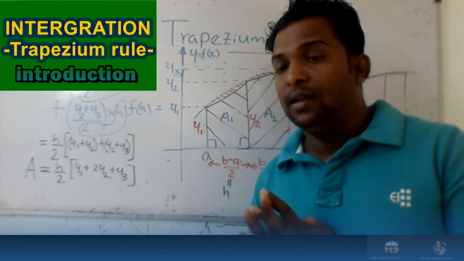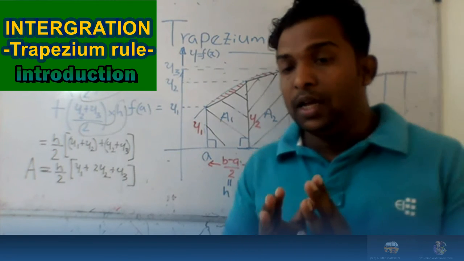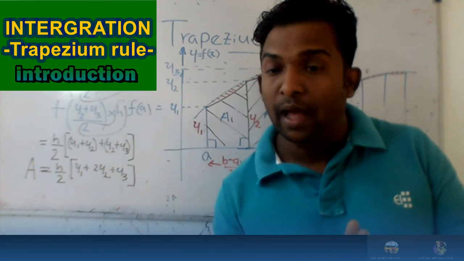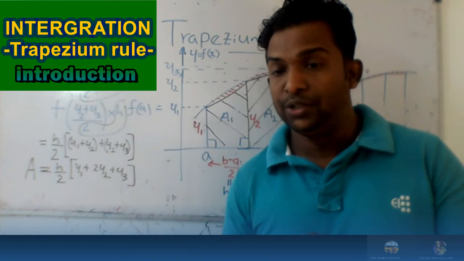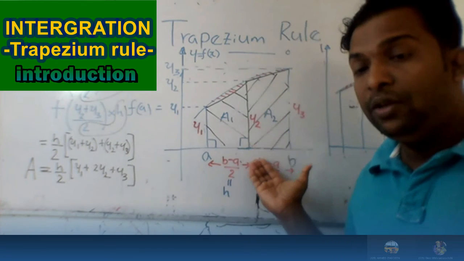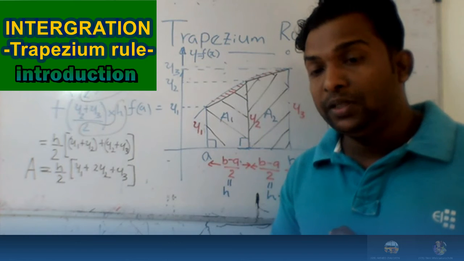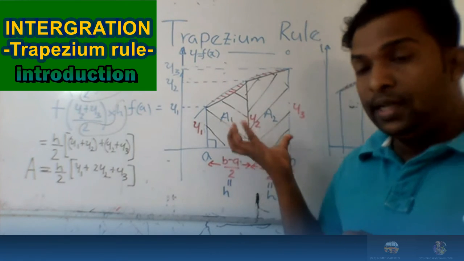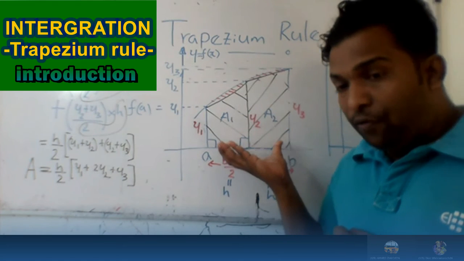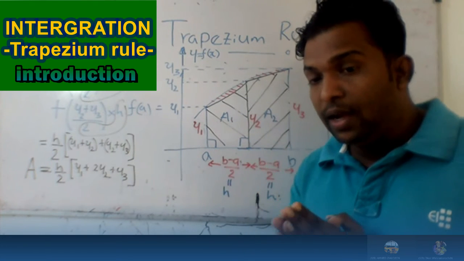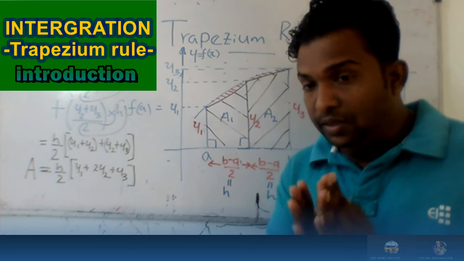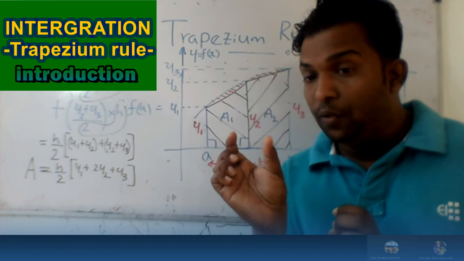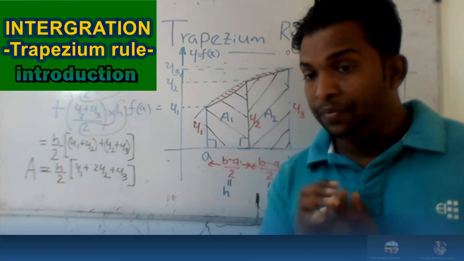In that case, if you want to get at least an approximation for the integration, this method can be used, which is called the trapezium rule. Here, what we are doing is dividing the given area into trapeziums with equal widths, right?